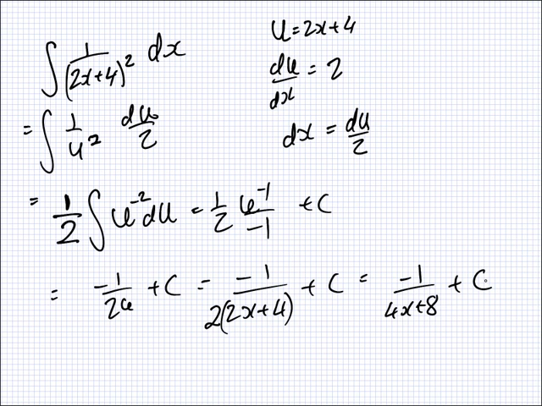But how come you didn't notice this one, Mo? Because I skipped it. I went to P, Q, R. Give us a pen so I can remind myself to fix it, please. Thank you. So I should have had minus 1 over 4x plus 8 plus c, or I could change the question.